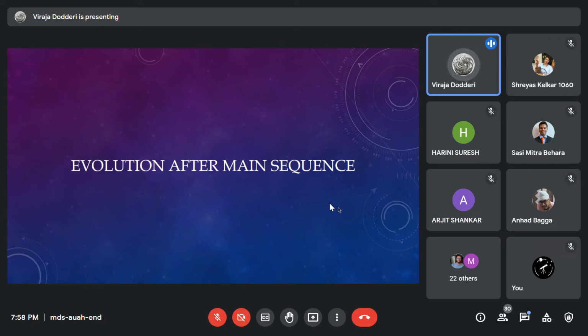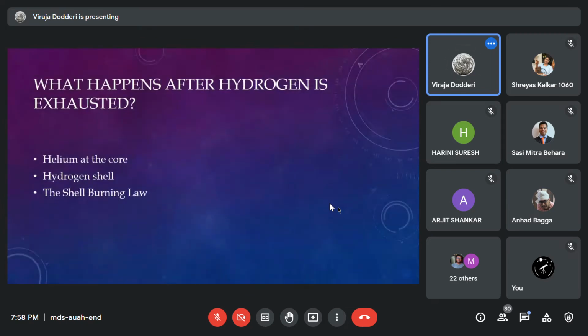For helium burning to take place, we need a very high temperature, around 10^8 Kelvin approximately. But at this moment, the star need not have that temperature.